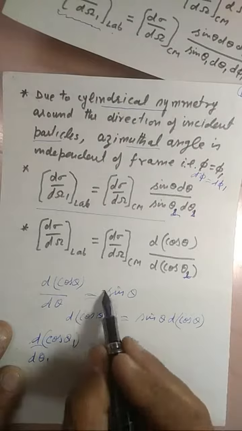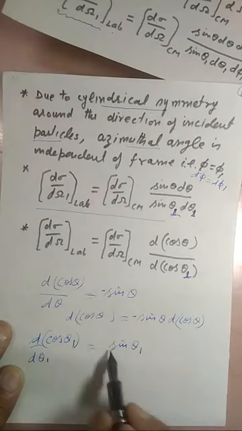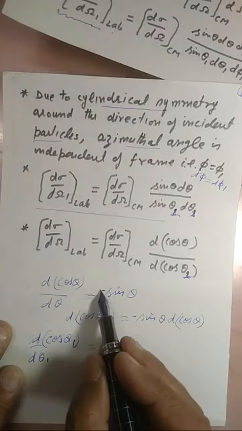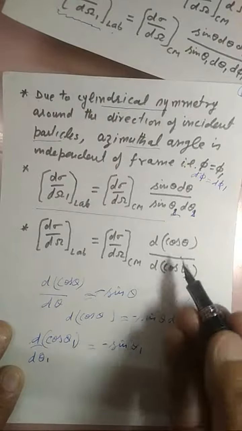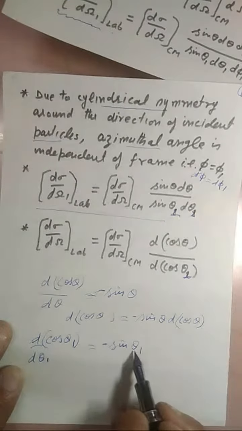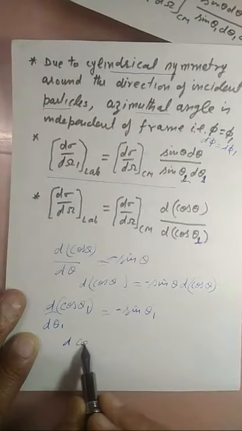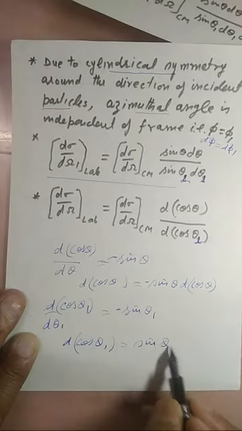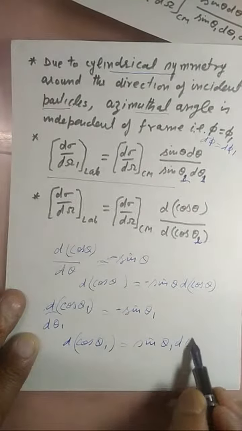I think it is with a negative sign, but the negative sign doesn't affect us here because we will have these ratios, so it will get cancelled. So I can rewrite d cos θ1 is equal to sin θ1 dθ1.